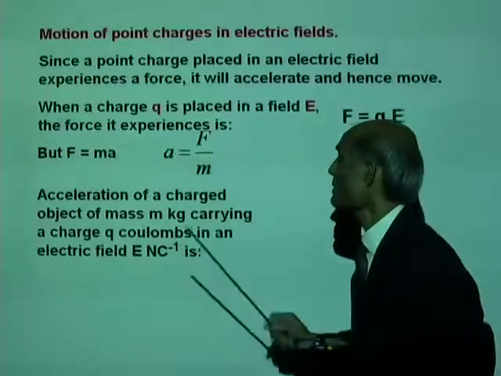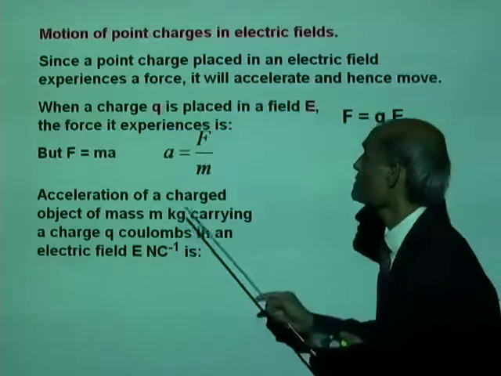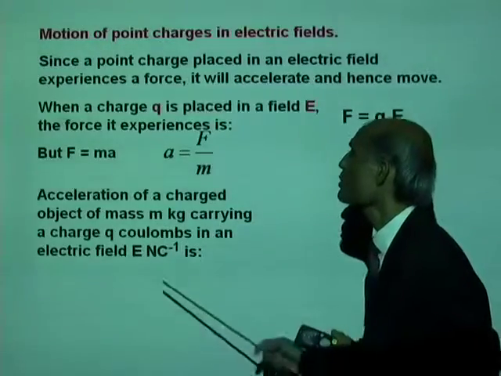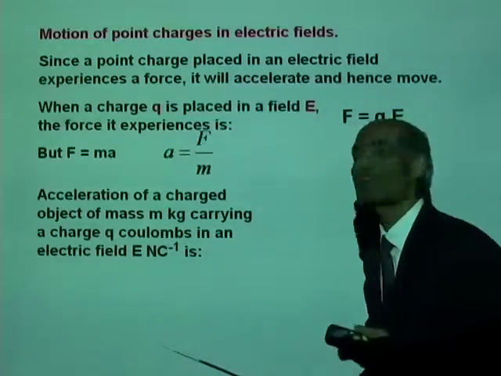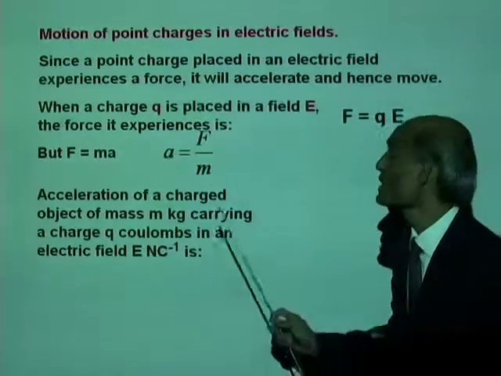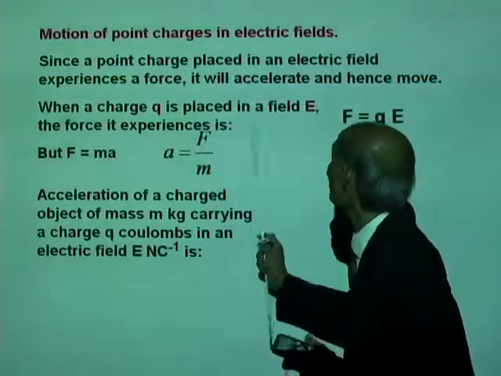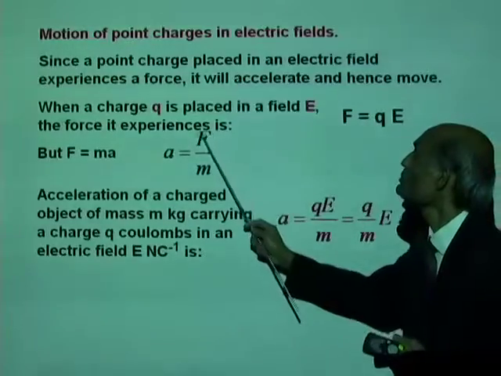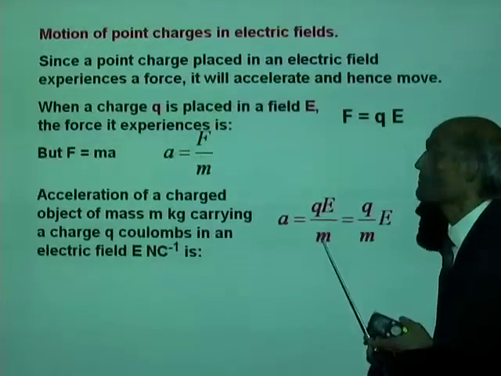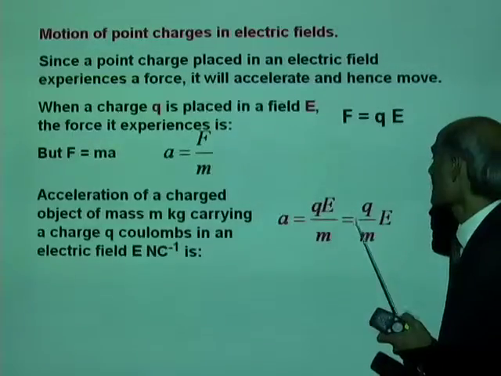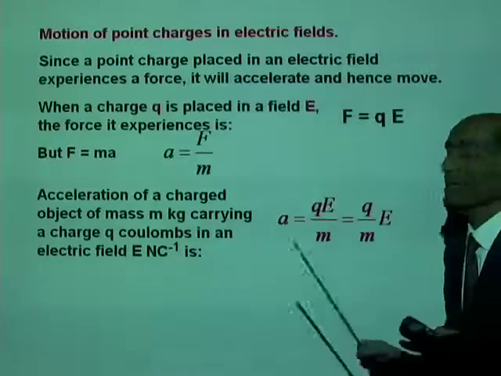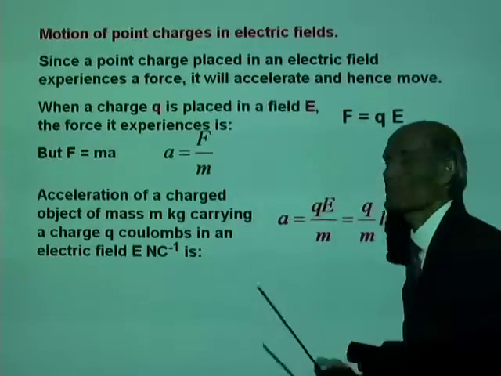Now we'll get acceleration of a charged object of mass m carrying a charge Q coulombs in an electric field E. If you replace this F by Q times E, you get A equal to QE divided by m, and I'm going to write it as Q over m multiplied by E. A very important relation.